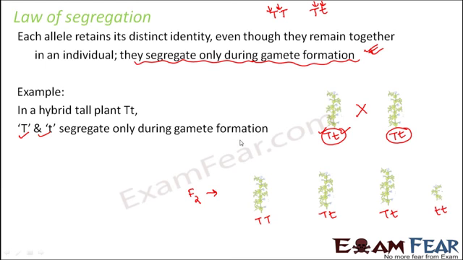Even if it is present with small t, there is no blending between the alleles. This was what was told by Mendel. So Mendel gave these two laws based on his experiments on the monohybrid cross. He said the law of dominance, that is, one trait will dominate over the other trait, and the second was the law of segregation, that is, the alleles will segregate during gamete formation.